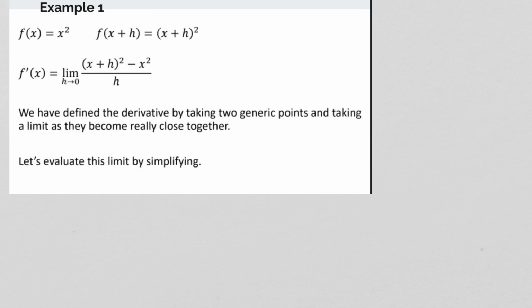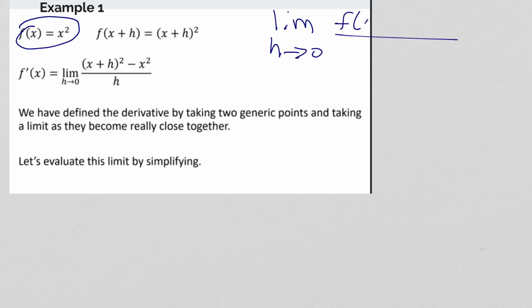All right, so let's take a look at a function. Let's take the function f of x equals x squared. And I'm going to do the general derivative formula, which again is the limit as h goes to 0 of f of x plus h minus f of x all over h. All right, so how am I getting f of x plus h?